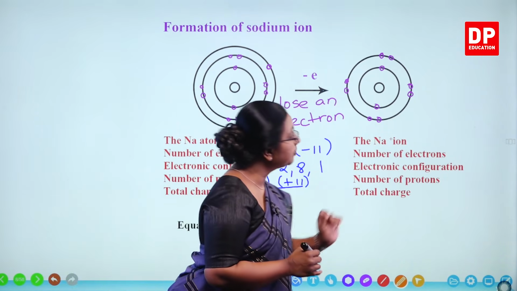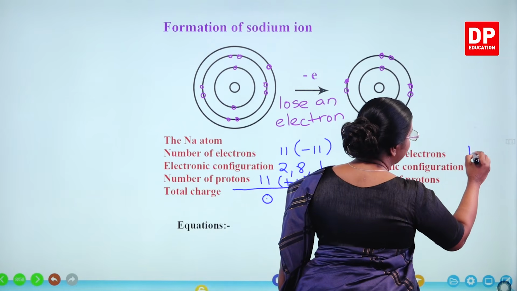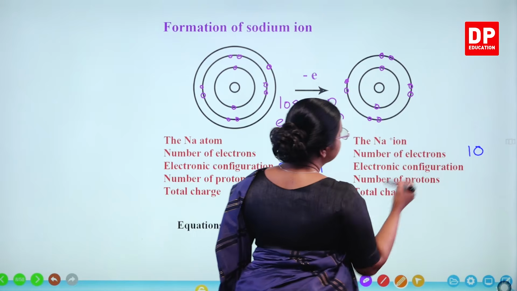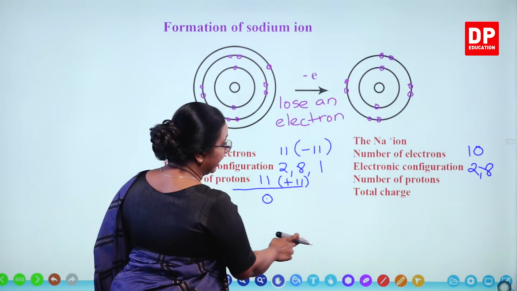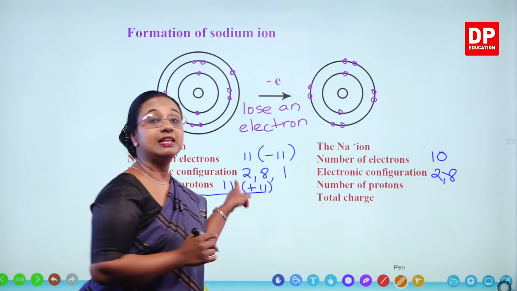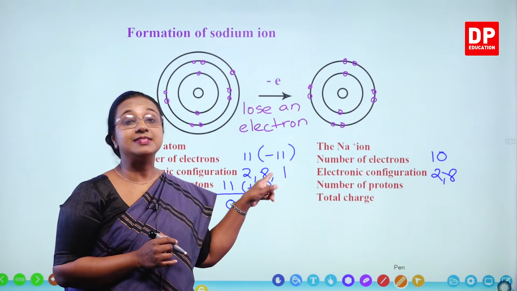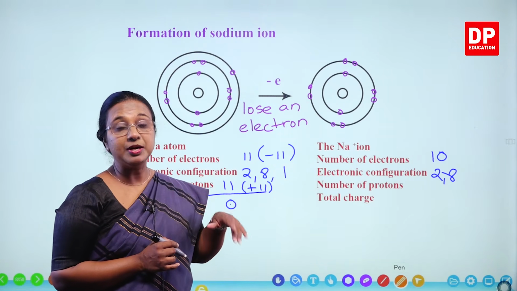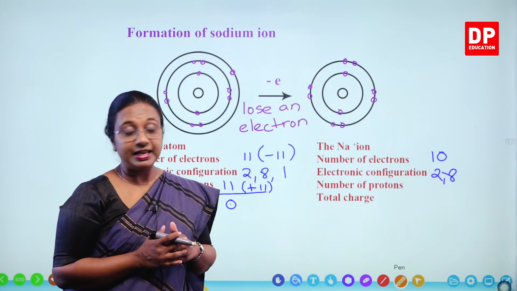But when you come to the sodium ion, the number of electrons has now reduced to 10. Why? 2 and 8, it's 10. The electronic configuration is 2, 8. The number of protons still remains the same. That is why we always take the atomic number as the number of protons. That doesn't change for an atom of an element, whether it's an atom or in the ionic form.